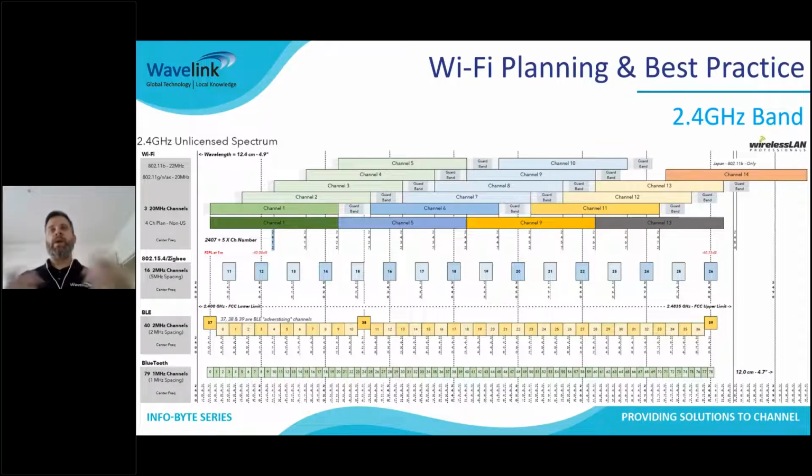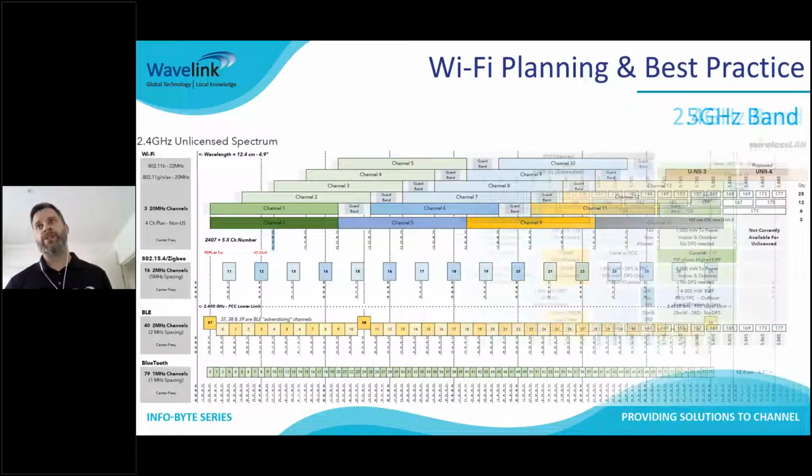What do I mean? Why is that important? Well, if they can hear each other, they can then start to cause problems with each other. So again, 3 usable channels, 22 usable channels in Australia.